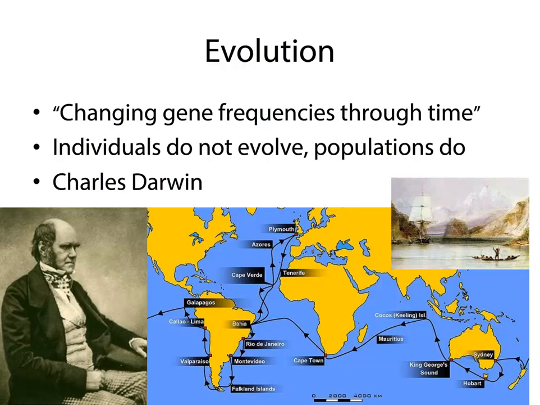Those frequencies and the number of genes in that population will change. The other thing you need to keep in mind is that individuals can't evolve, but populations do. So populations can evolve over time. Now, the person credited with this, of course, is Charles Darwin. And, you know, there were actually two scientists that came up with the idea of evolution.